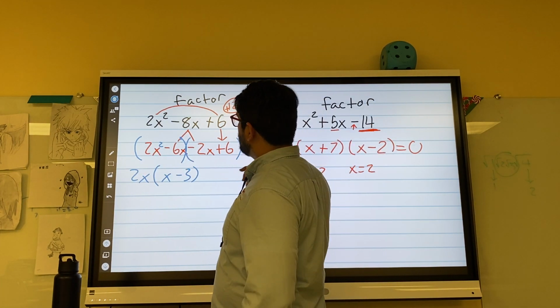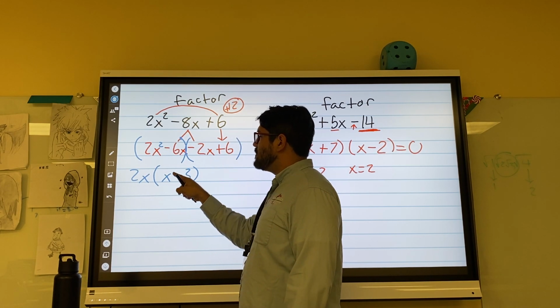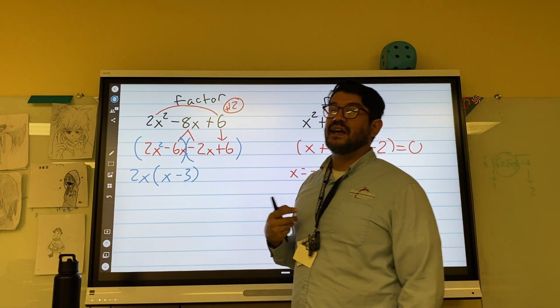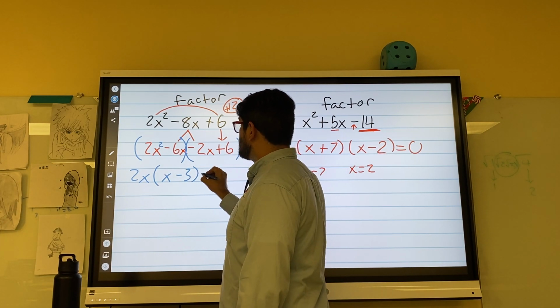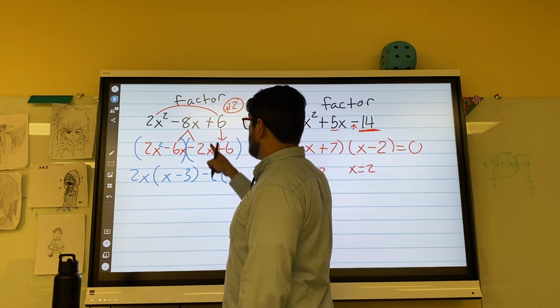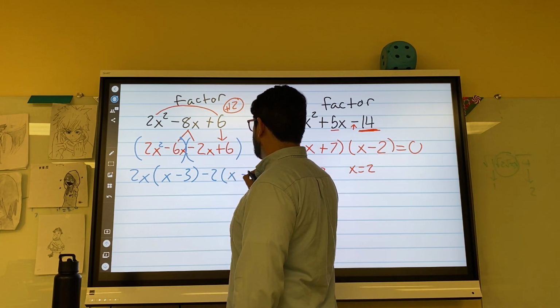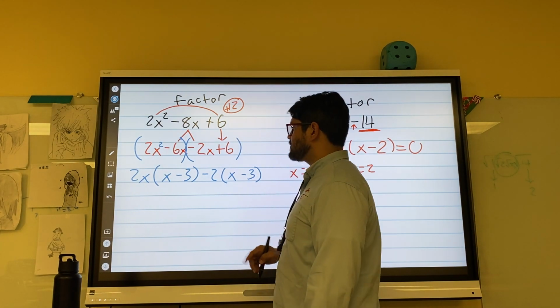Now I have to divide everything in here by something, but remember, this has to end up to be x minus 3. Right now it's something plus 6. What changes the sign? A negative number. So I'm going to take out the 2 they have in common, but I'm also going to take out a negative 2. So now we're left with just x and a minus 3. I know I did it right because these two ended up to be the same.